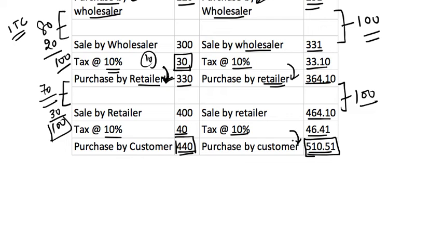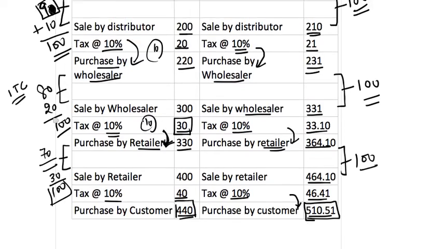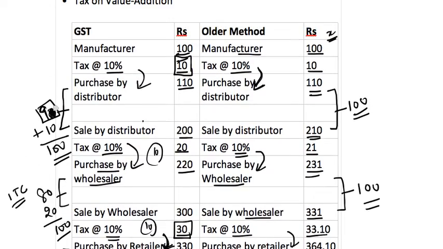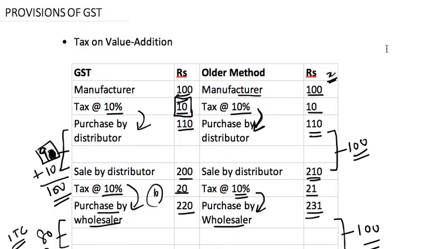This difference is because of the taxes which have been charged. In this case, taxes have been charged only on the value added of the good, whereas in the more older method, tax was charged on the entire value. See here, the tax is charged on 210 at the rate of 10%, whereas here, though the tax is charged on 200, the purchaser gets credit for his purchase at rupees 10.